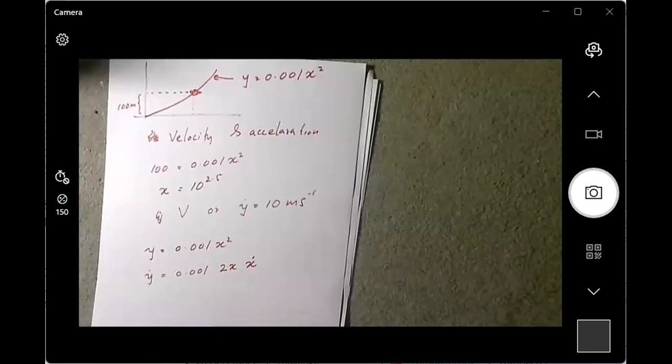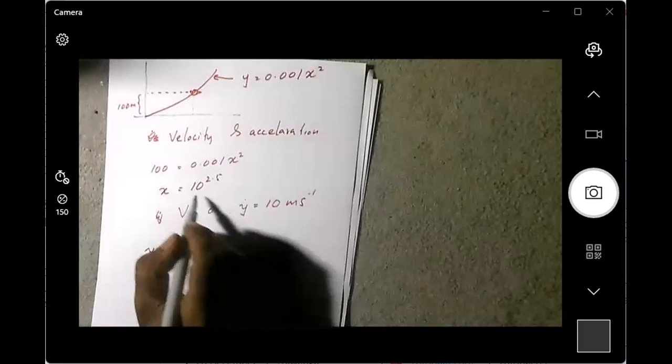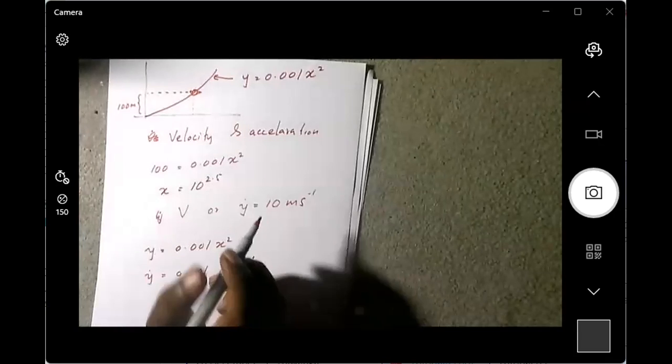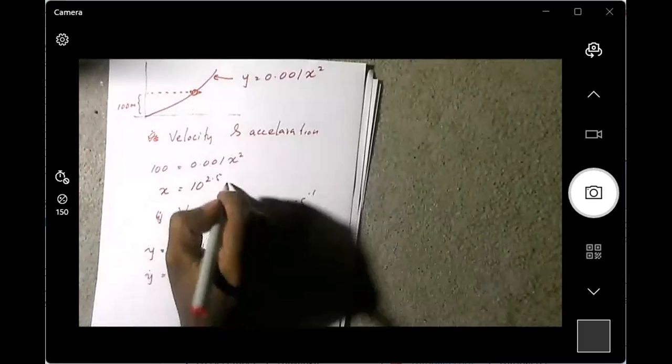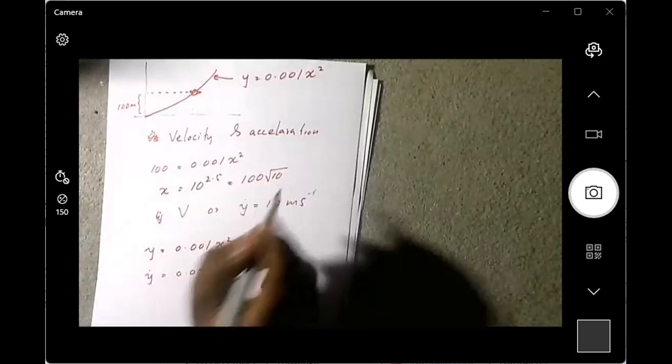From this, we do have values for x, because we found it from here. x is 10 to the power 2.5 or 100 into root 10.